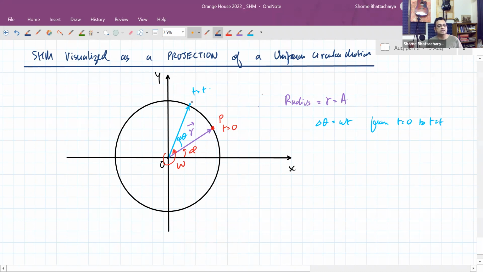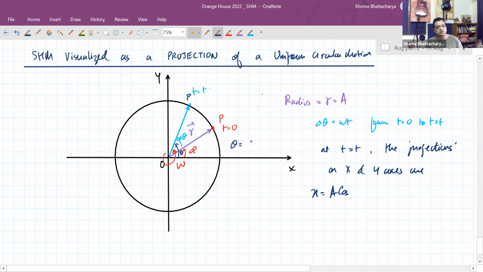So now you can see that at the instantaneous time t, the projections on the x and y axis are: x will be equal to a cos of this whole angle now, from here to here. This angle theta. So theta is how much?